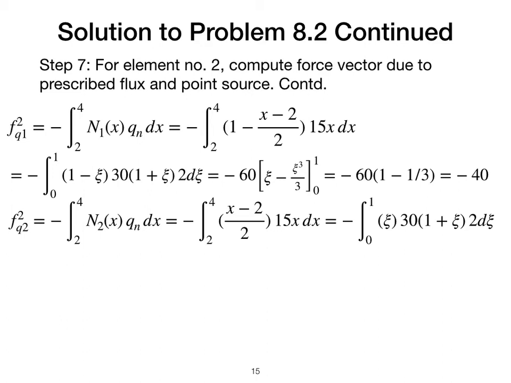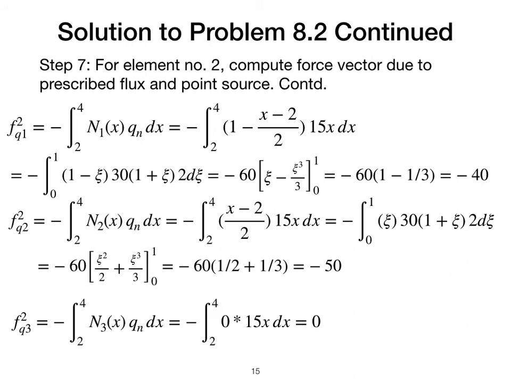Now F2q2 can also be calculated. So here we have integration of n2 times qn. The value which is calculated after transforming x into xi is minus 50, and F2q3 will be equal to 0.